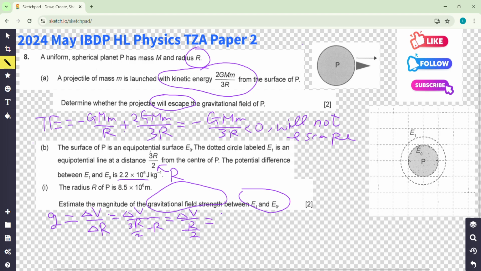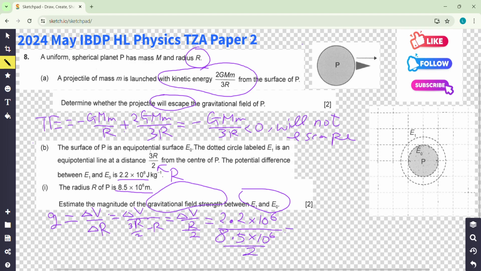We have all the data, so substitution. Correct. 2.2 times 10 to the power 6. Where is R? Yeah, 8.5 times 10 to the power of 6 also, but over 2.